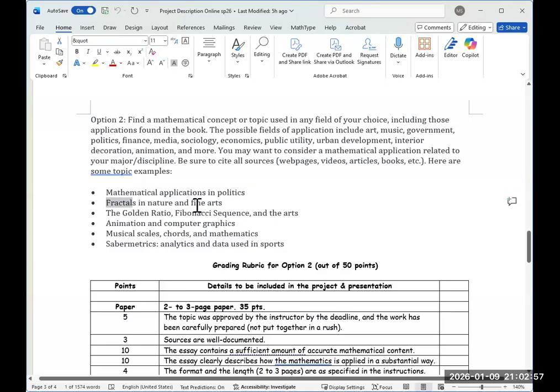This is in chapter 9, applications in fine arts, such as the golden ratio, the Fibonacci sequence used in things like art and music, animation, computer graphics, musical scales, chords, sabermetrics in baseball and other sports. So there are lots of things that you can discuss here.